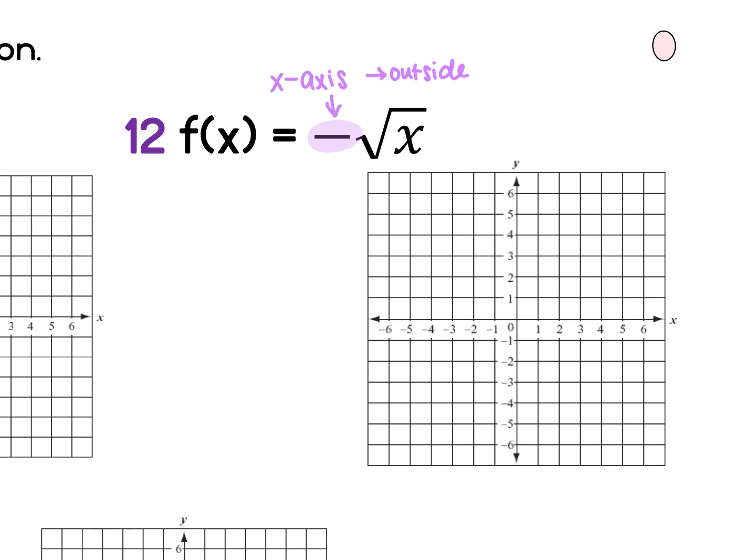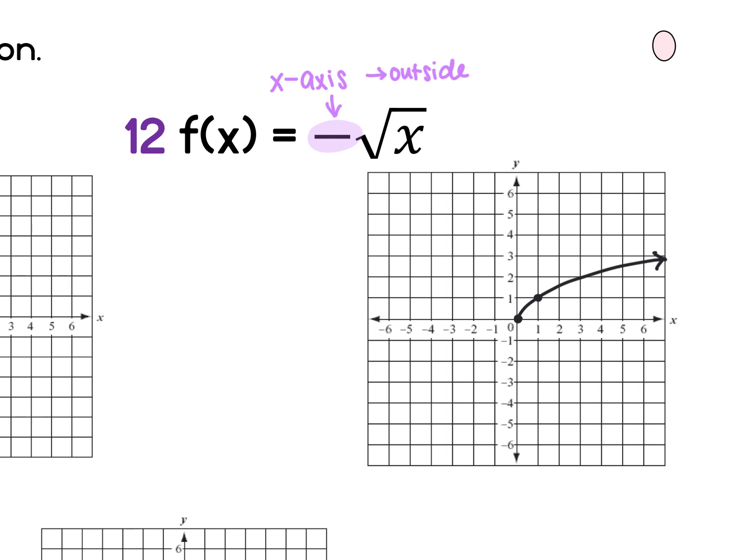Okay, so again, this is similar to the last one we did, but now my negative is on the outside. So I'm still dealing with the same parent function, the square root of x. So I'm going to start at the origin and put 1, 1. And then I'm going to go ahead and graph it. So this is something similar to what it should look like. Again, I at least need to see that starting point and that 1, 1.